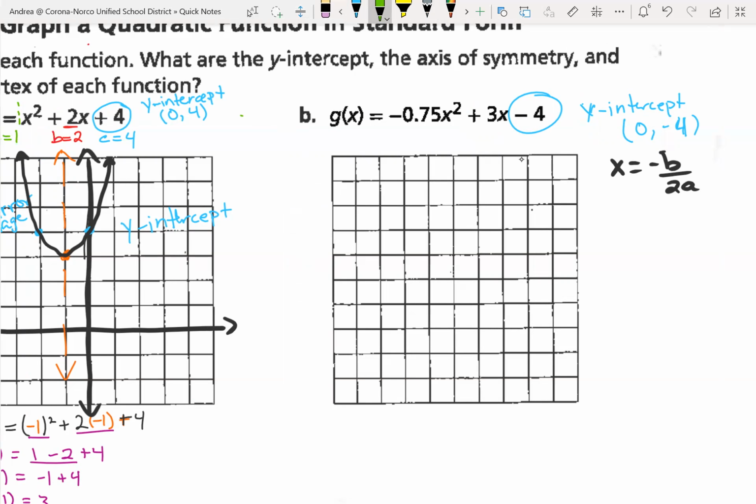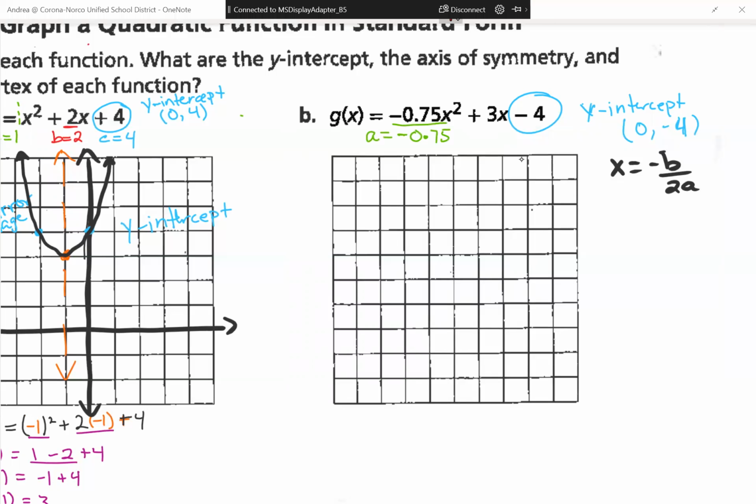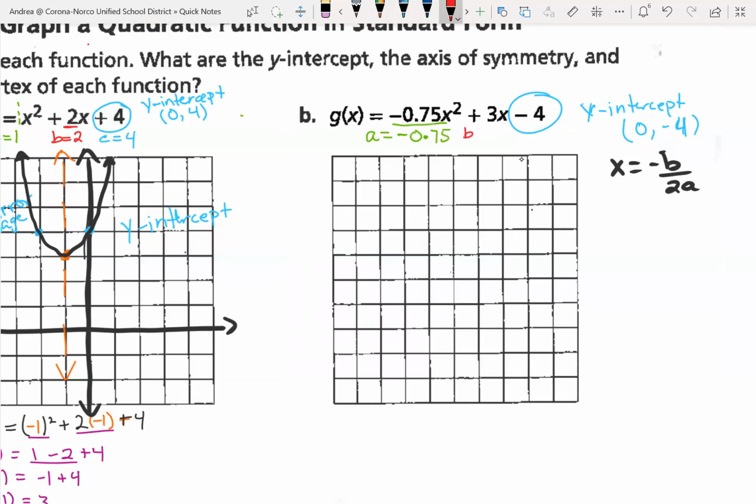Catherine, what's the a value? Negative 0.75, yes. Yazid, what is the b value then? 3. You already have the c value of negative 4.